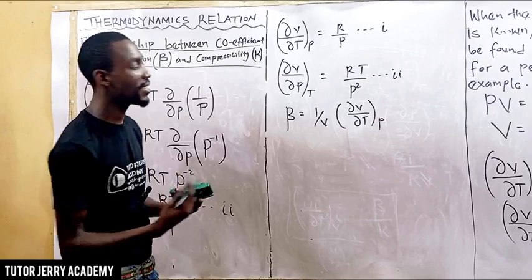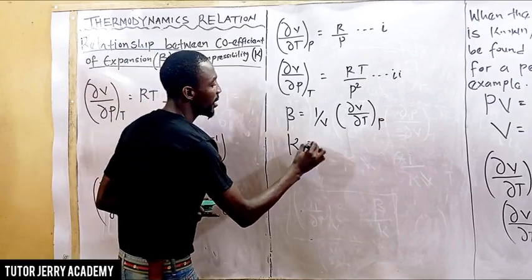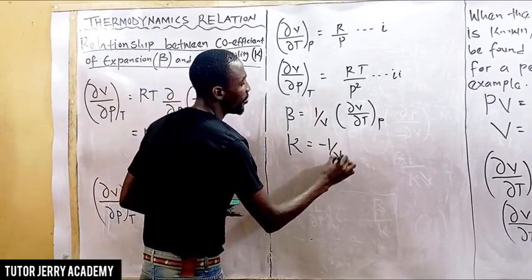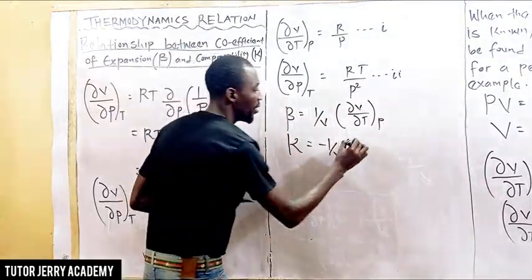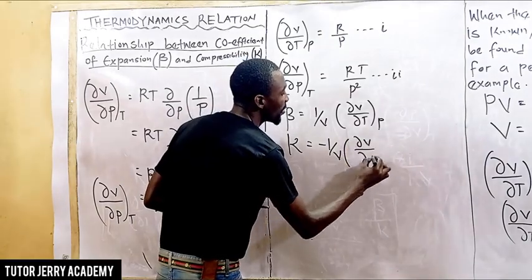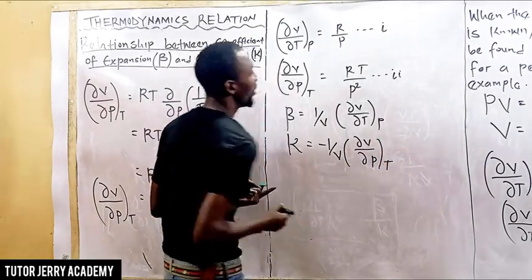And then we also state that K is equal to minus 1 over V into the partial differentiation of V over the partial differentiation of P, keeping T constant.